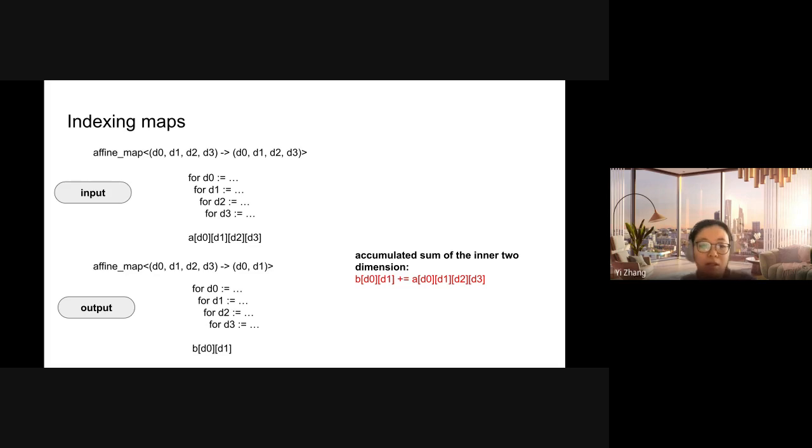So let's look at some examples. Suppose the A tensor is an input tensor that has the affine map on the top, and the tensor B is the output tensor and has the affine map on the bottom.